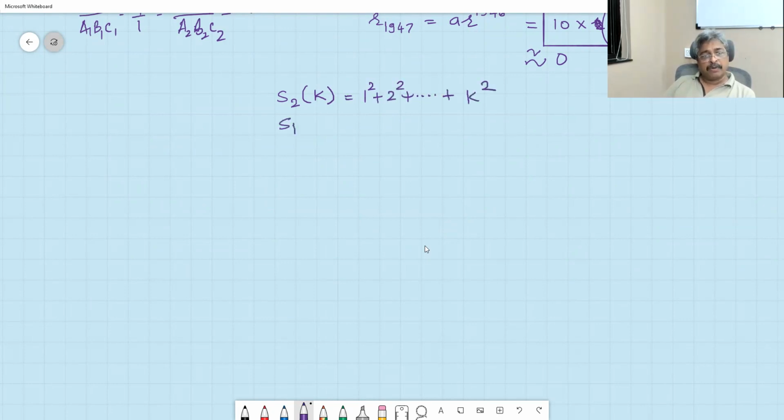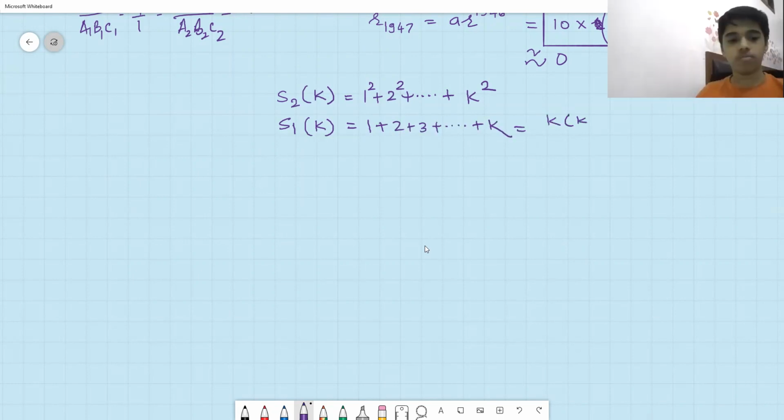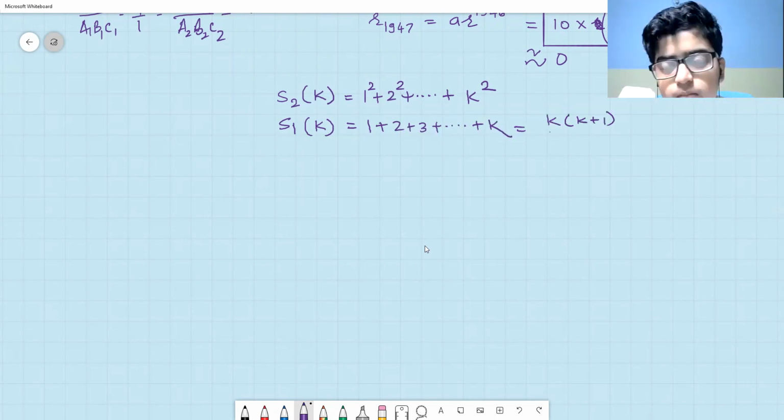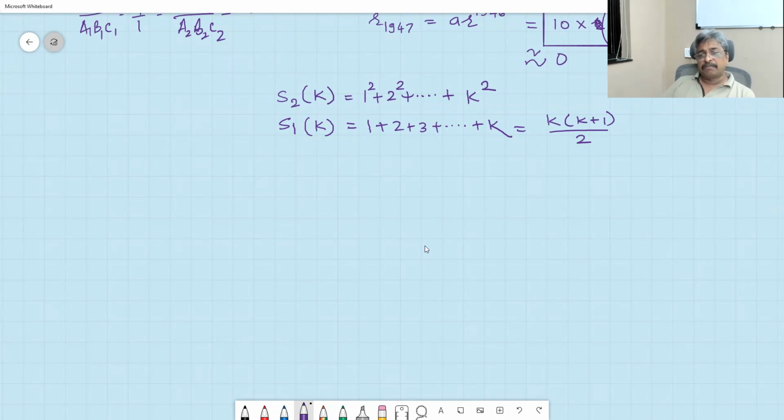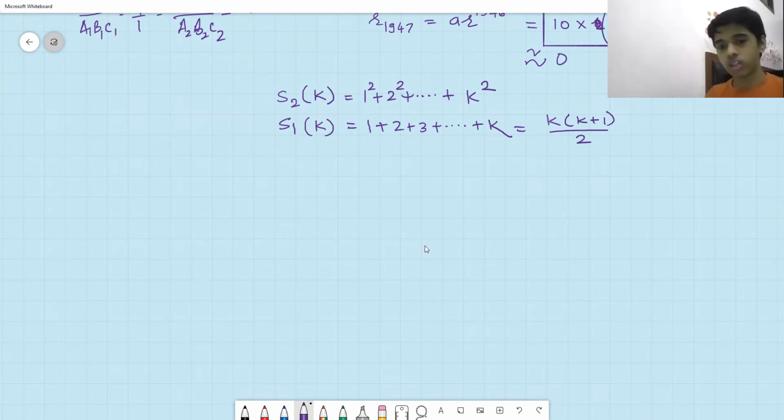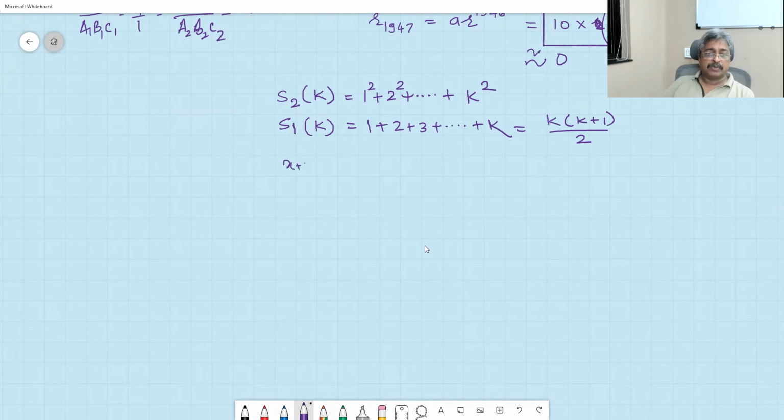And before that we found S1 of k, which is 1 plus 2 plus 3 plus dot dot dot plus k, equal to k into k plus 1 by 2. Not by reverse and add, not by combinatorial proof, not by arithmetic progression, but by x plus 1 bracket square minus x square is equal to 2x plus 1.